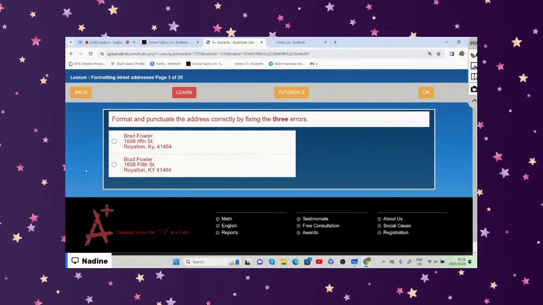So if we look at the top one first, it says 1608 5th Street, which means that in the first one, 5th is correct.